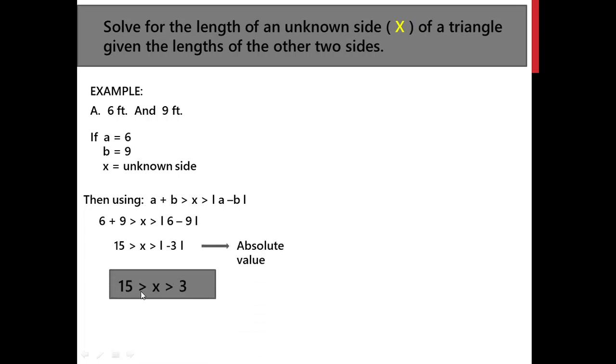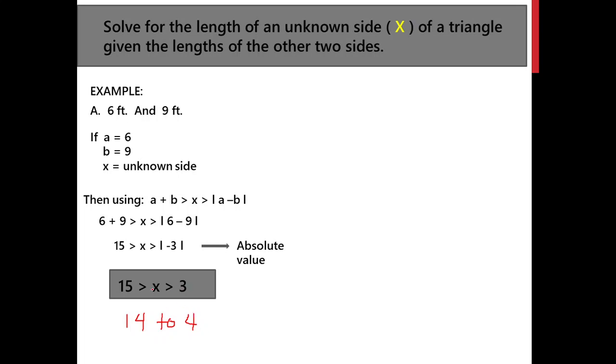So you have here the value of x is less than 14 but greater than 4. Or we can write it as x would be from 14, that's less than 15, to 4, or vice versa, that is greater than 3.